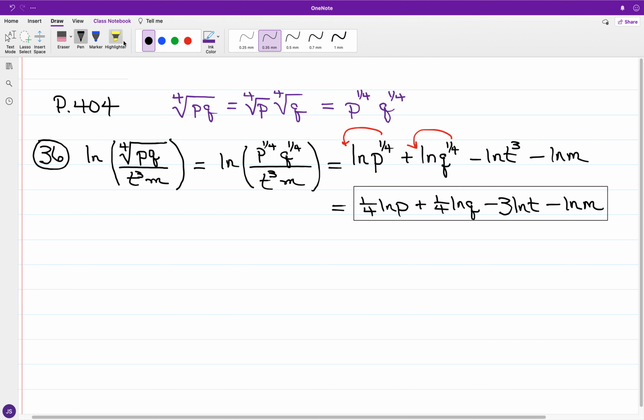And if we take what we have in the case of number 47, we're looking at combining as a single logarithm. So you have the base 15 logarithm of 3, plus the base 15 logarithm of 5.